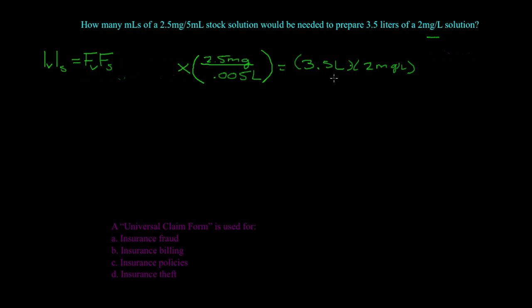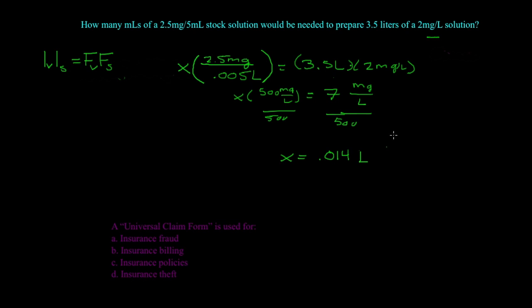So we have the initial volume times the initial strength equals the final volume, which is 3.5 liters, times the final strength, which is 2 milligrams per liter. So when we multiply those two together, we'll have 7 milligrams equals X times, and then when we divide those, we're going to have 500 milligrams per liter. And then we divide both sides by 500. And when we do that, X is going to equal 0.014 liters.